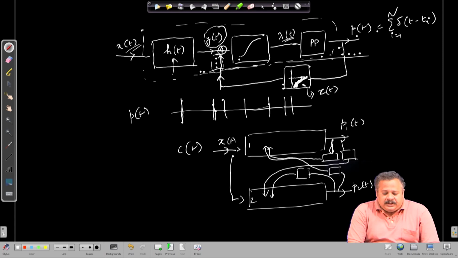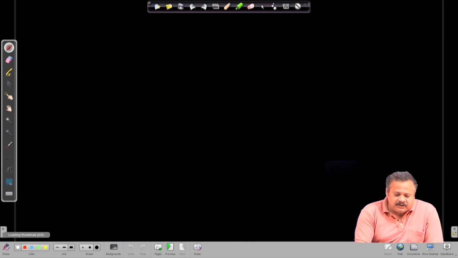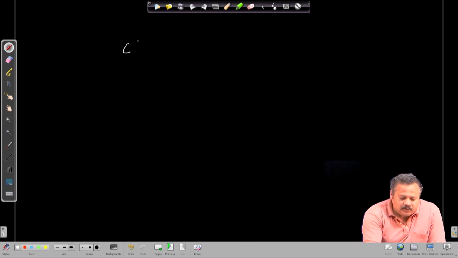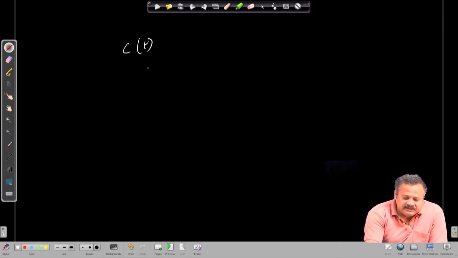With this implementation of short term plasticity, let us just for a second talk a little bit about what these CT functions can be like at different stages.